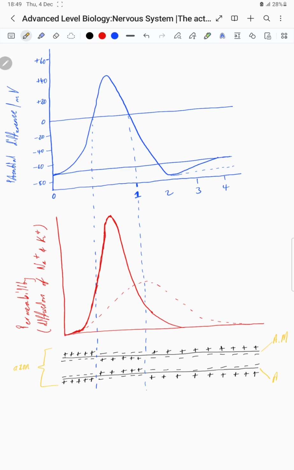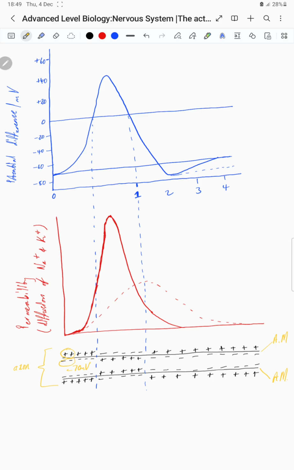Also, this is the axon membrane. Here at the beginning, we see that there are positive charges on the outside and negative charges on the inside. So this is the resting potential of -70 millivolts.